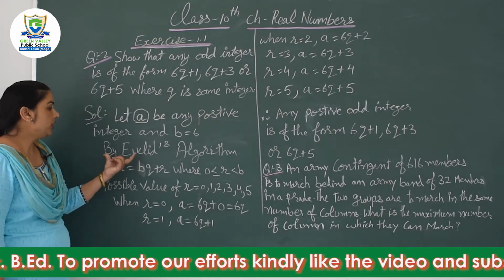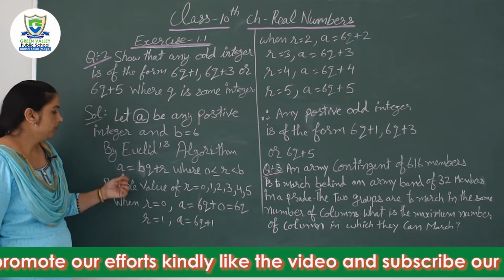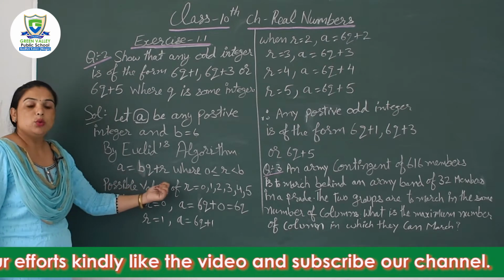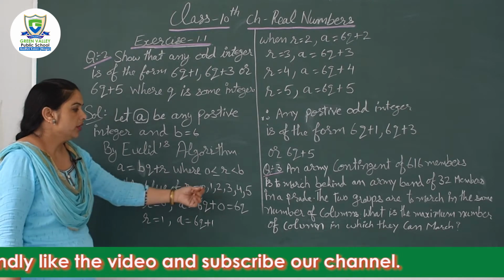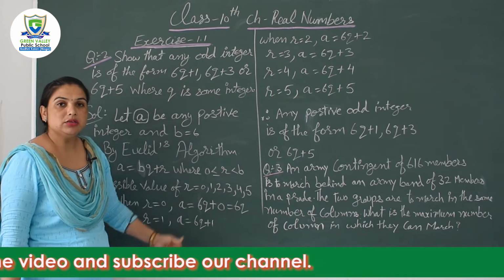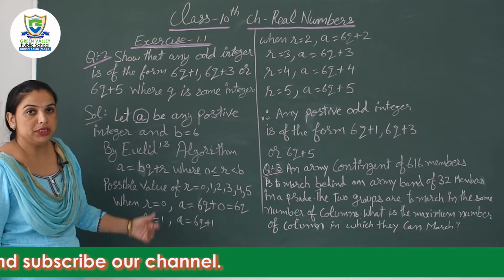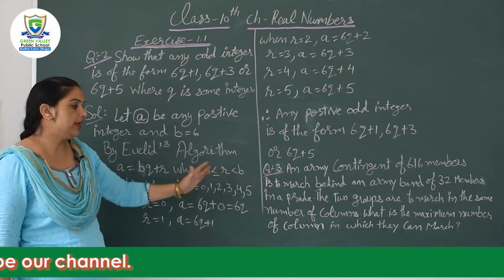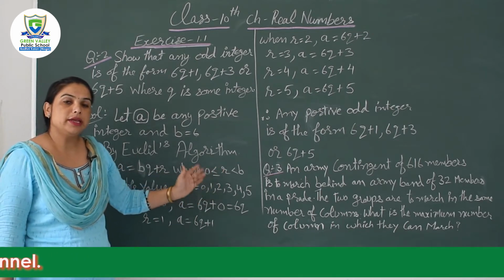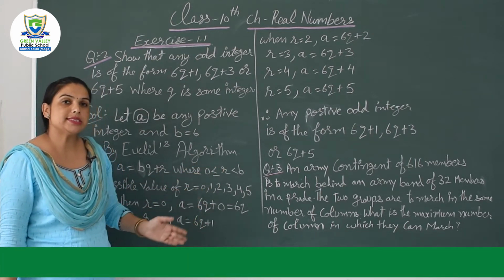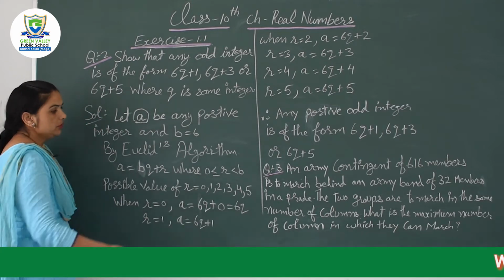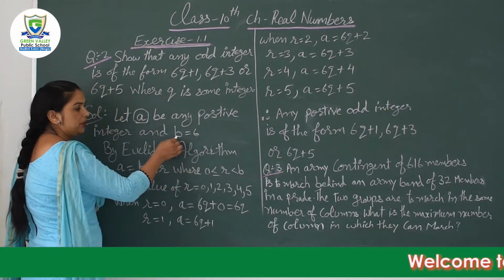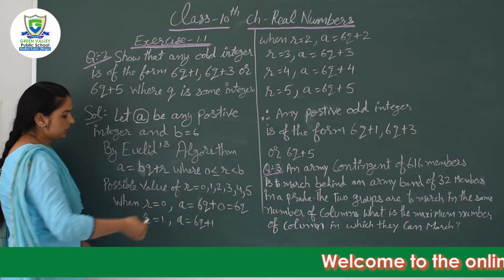And then we know by Euclid algorithm a is equal to bq plus r, where r varies between 0 to b. b is our divisor, so r lies between 0 and b. It can be equal to 0 but less than b. If you check the value of b, student, it is 6.